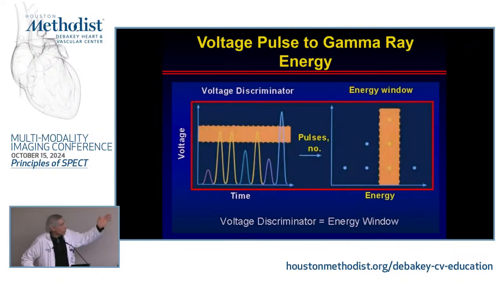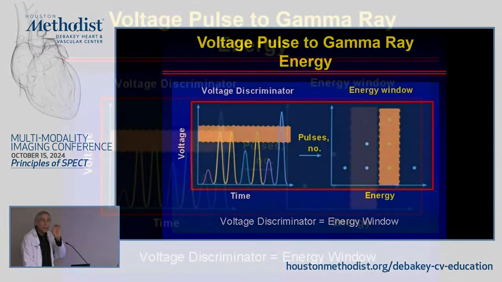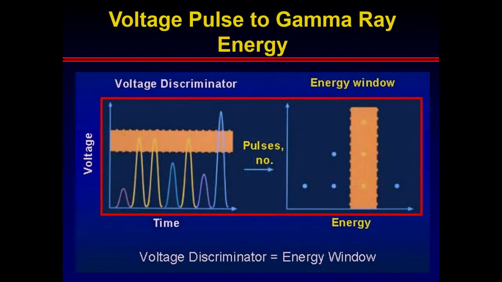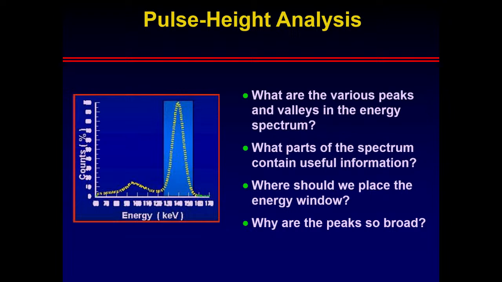Okay? And that's where the energy discriminator helps tell us what are good photons and what are bad photons. Okay? And so you can see there are checks and balances all throughout this whole process to try to only get the good photons, from collimation to using energy discrimination, etc., to try to get only those photons which will make the best pictures and improve your spatial resolution.